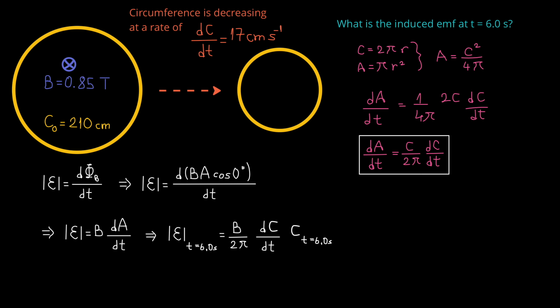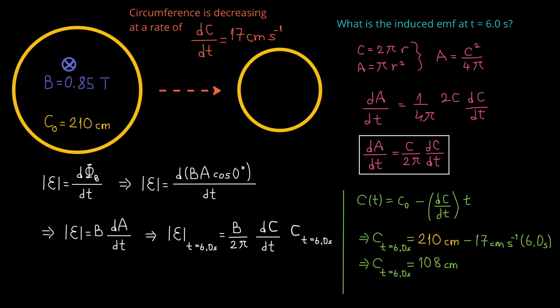So we need to multiply B divided by 2 pi, times dC/dt, times C, the value of the circumference at t equals 6 seconds. The rest is constant though. So B is constant, dC/dt is constant, the rate at which the circumference is changing, but the value of the circumference is not constant. So we need to substitute the value of C when t equals 6 seconds.